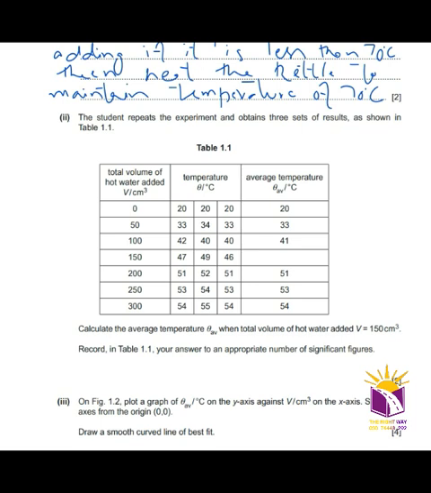Record in table 1.1 your answer to an appropriate number of significant figures. Now we have to calculate the average of these three values: 47 plus 49 plus 46 divided by 3. It will be equal to 47.3. And all our answers are in two significant figures, so we will write it as 47.